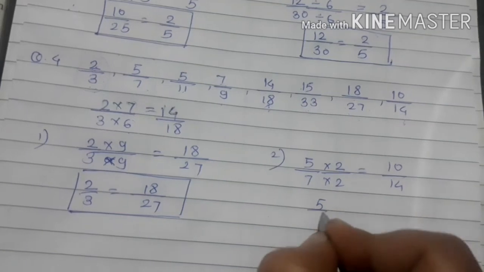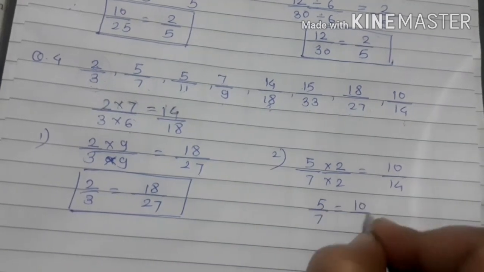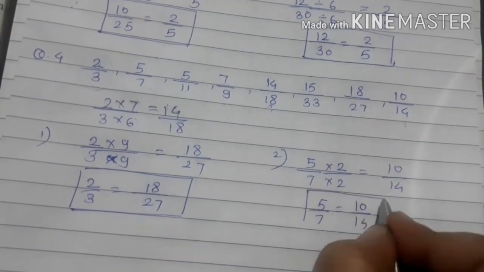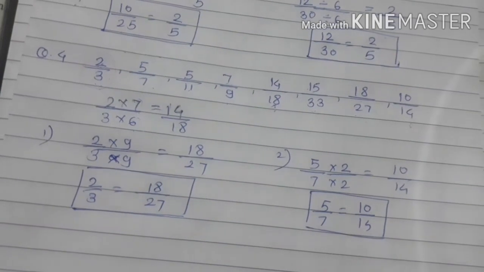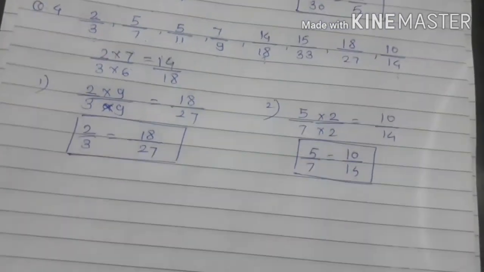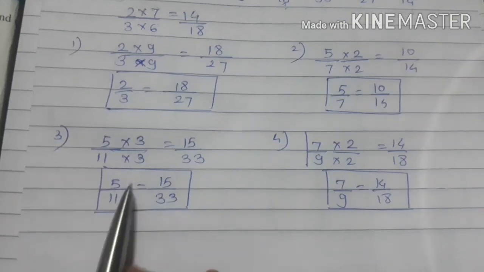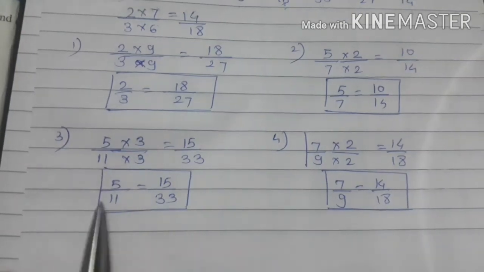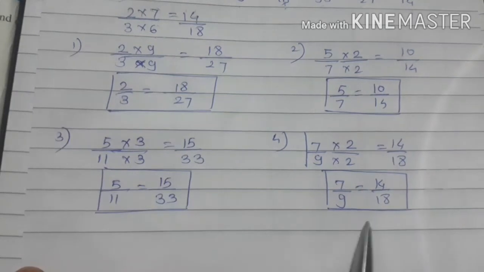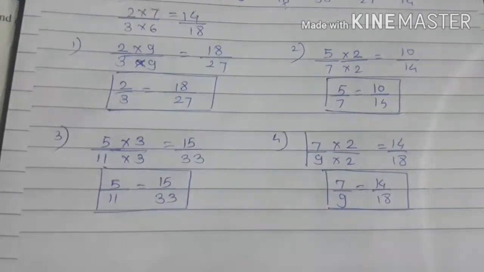So 5 upon 7 is equal to 10 upon 14. These are equivalent fractions. Like that we have to find the remaining fractions. See the third one and fourth one, here we get the pair. So these are the 4 pairs that we get from this question number 4, which are the equivalent fractions.